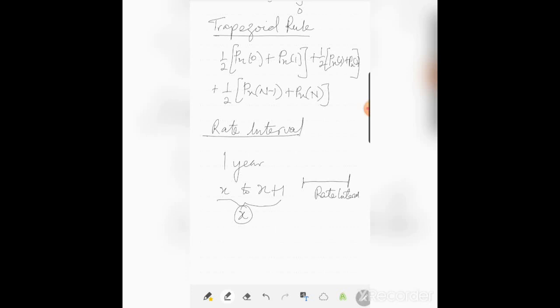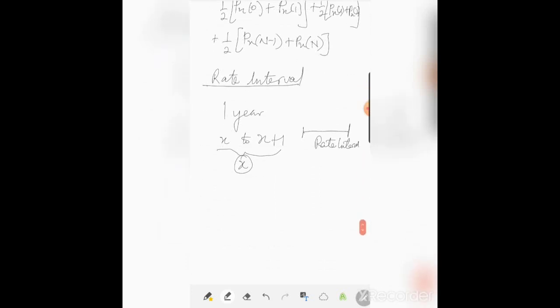So even if we are using the age next birthday, which is being used for classification of death, so if I'm saying 40 next birthday, the current age is 39. If the person has died at 40 next birthday, then currently he is at 39.